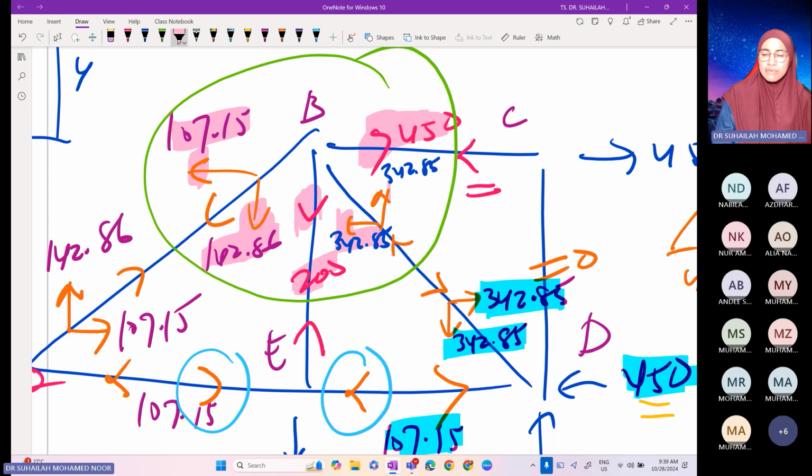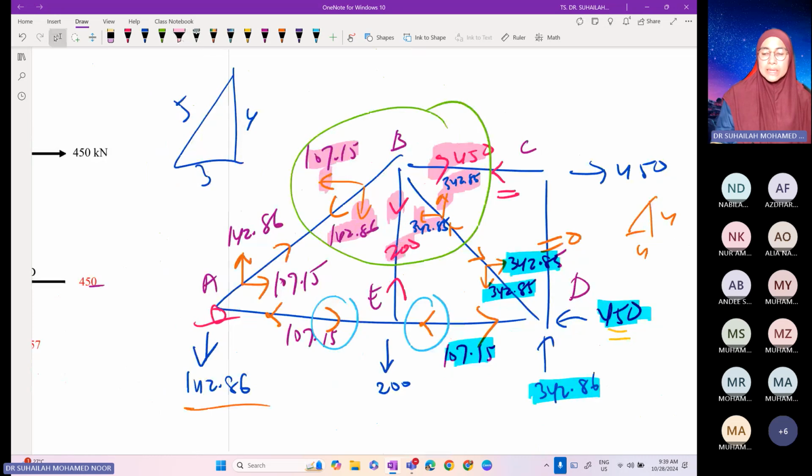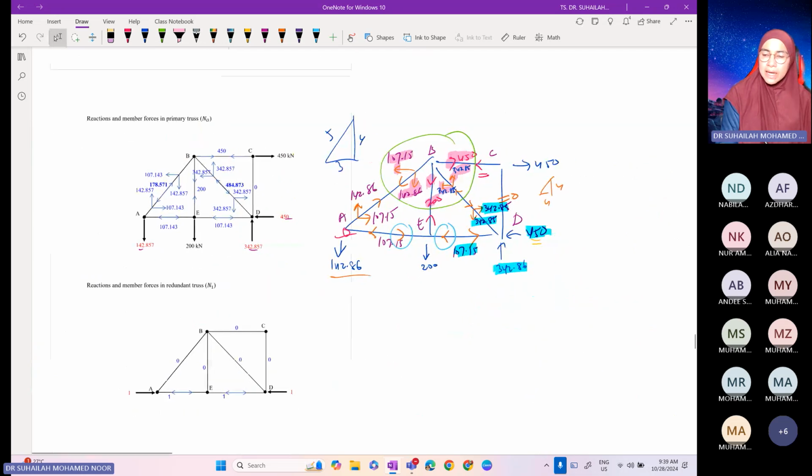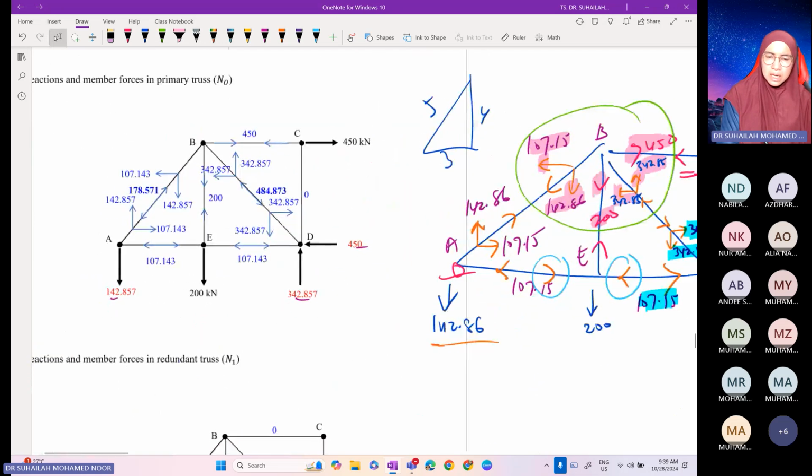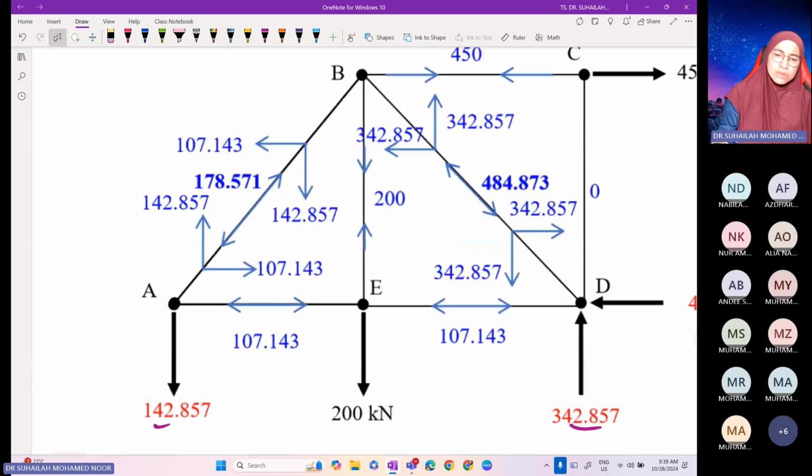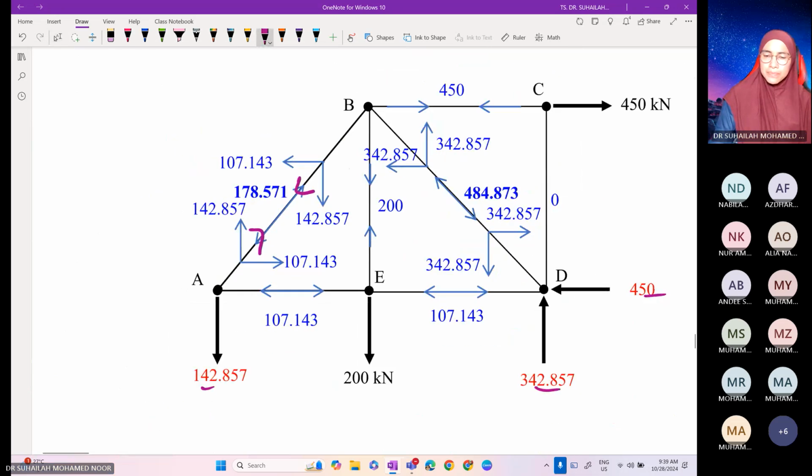Yang ni positif 342.85. Okay, so total ni dah dapat zero. Maknanya dah complete. Dah complete semua, dah ada value. Okay, so member force kena kira by hypotenuse for incline member. So nanti check balik ada sign salah kat sini. Ada kat sini je saya letak arrow terbalik. Yang lain okay.